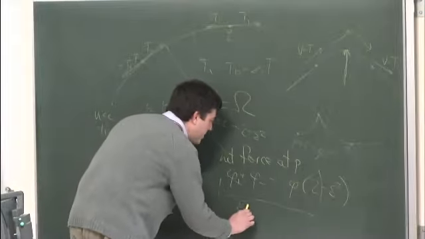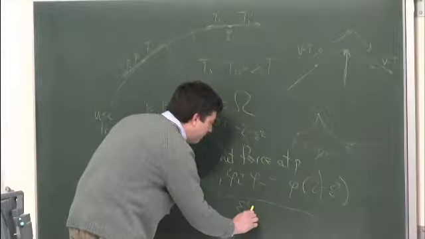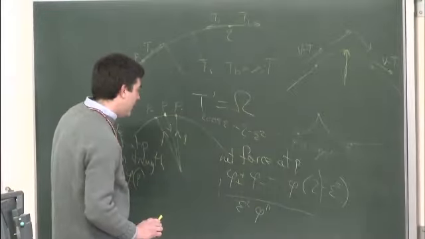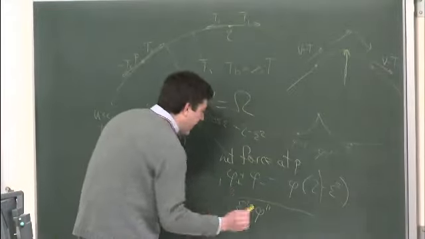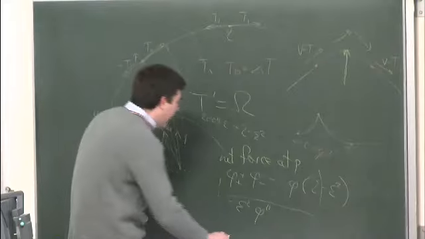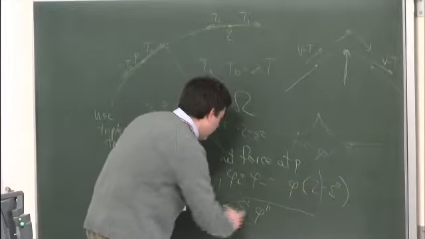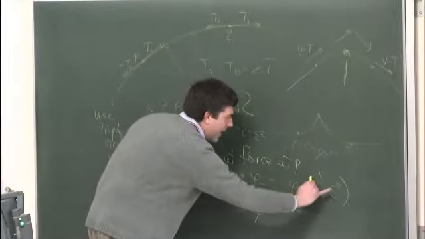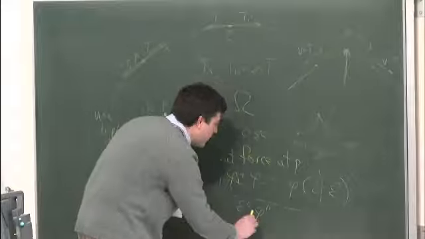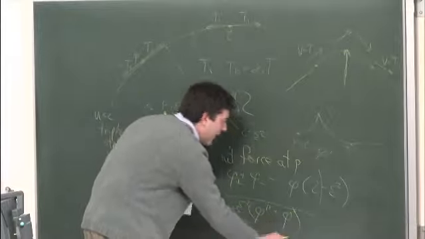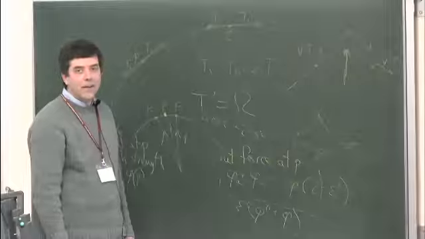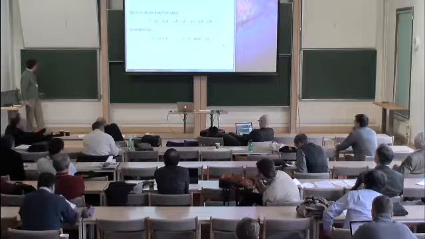And this, of course, is epsilon squared times the second derivative. I guess also with a minus sign. Oh no, probably with a plus sign, and then minus minus is a plus. So the epsilon squared is the same factor. That's where the phi double prime plus phi comes from.